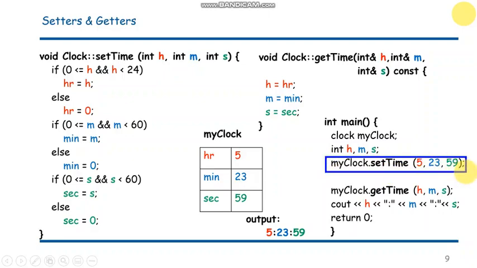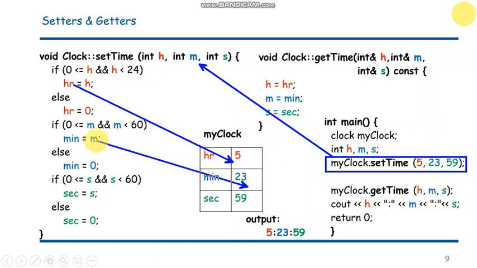We have the function call setTime, and the values, as I've said before, 5, 23, and 59 are passed to this very function. This function then copies hour into the object, it copies minute into the object, it copies second into the object.